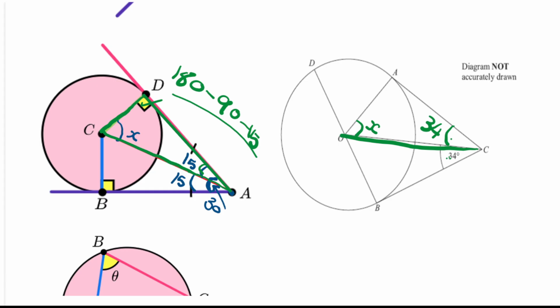And from the previous theorem, the tangent makes 90 degrees with the radius, so this is 90. Now we have 90, we have 34. We can find x. You can just do 90 minus 34. It gives you x. I think that's 56. Or you can do 180 minus 90 minus 34. It also gives you 56.